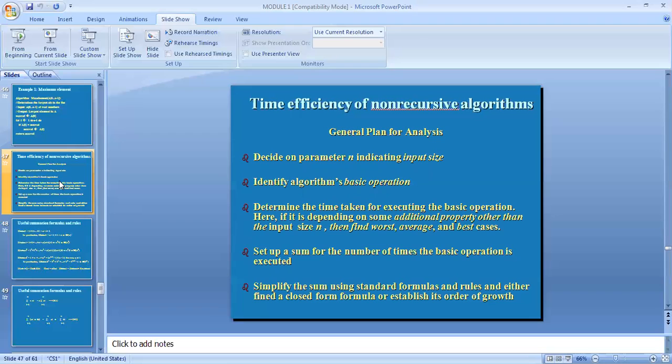If it also depends on some additional property, the worst case, average case, and if necessary, the best case efficiencies have to be investigated separately. Set up a sum expressing the number of times the algorithm's basic operation is executed. Using standard formulas and rules of sum manipulation, either find a closed form formula for the count or at the very least establish its order of growth.